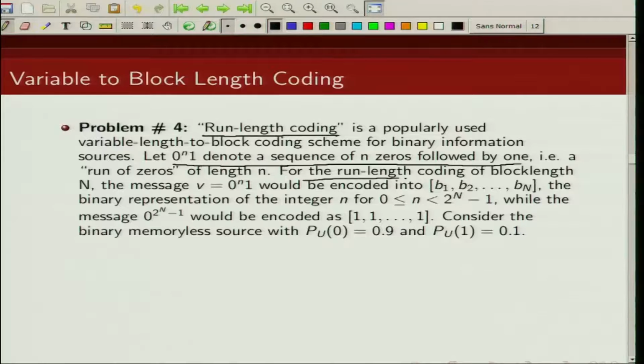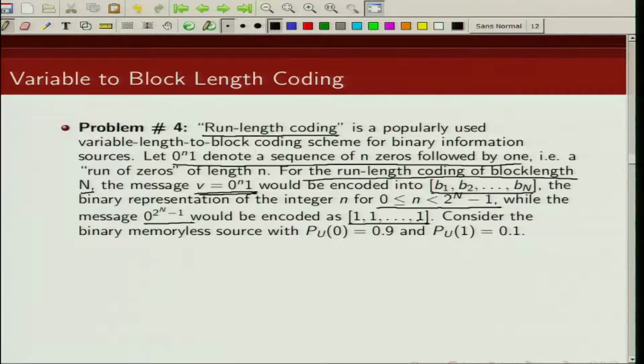For run length coding of block length n, the message, which is a run of n zeros followed by a 1, is encoded into a code word of length n, which is essentially a binary representation of the integer n, where n lies between 0 and 2 raised to power n minus 1, and the all zero sequence is encoded as all ones.